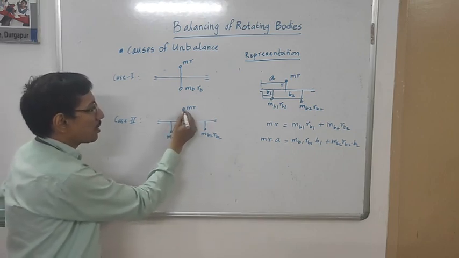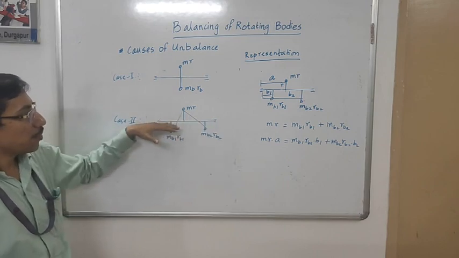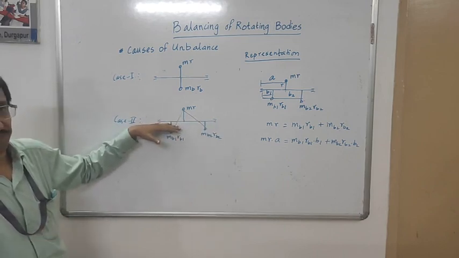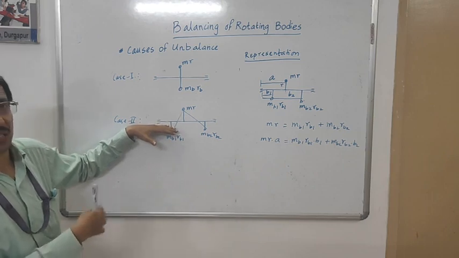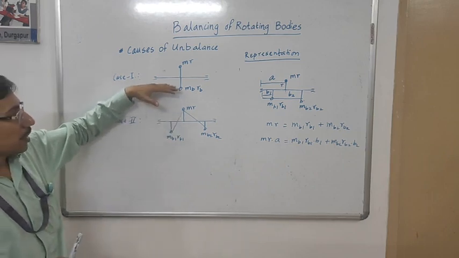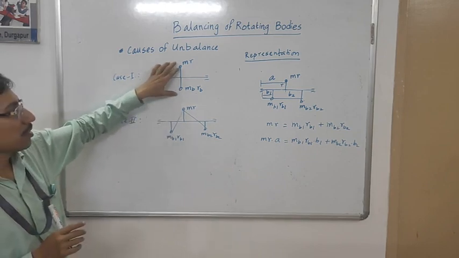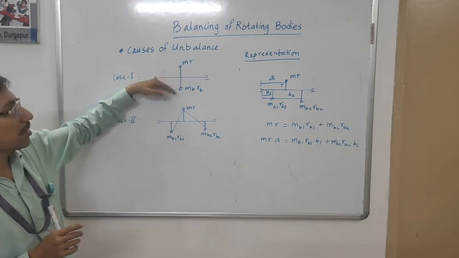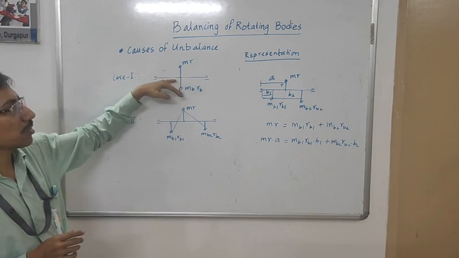So obviously this shaft will be subjected to bending moment. So there will be some induction of bending stresses in it. So in these two cases, the first difference is this is perfectly balanced. So externally it is balanced. At the same time, internally also there is no stress level.